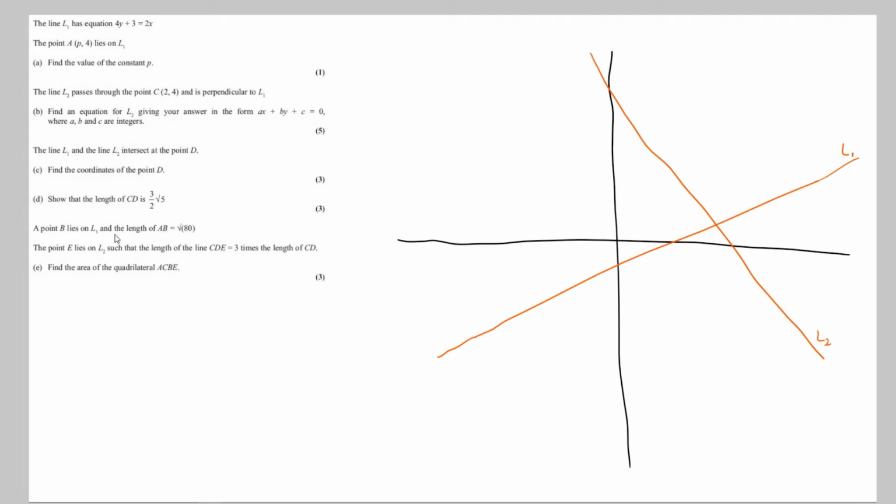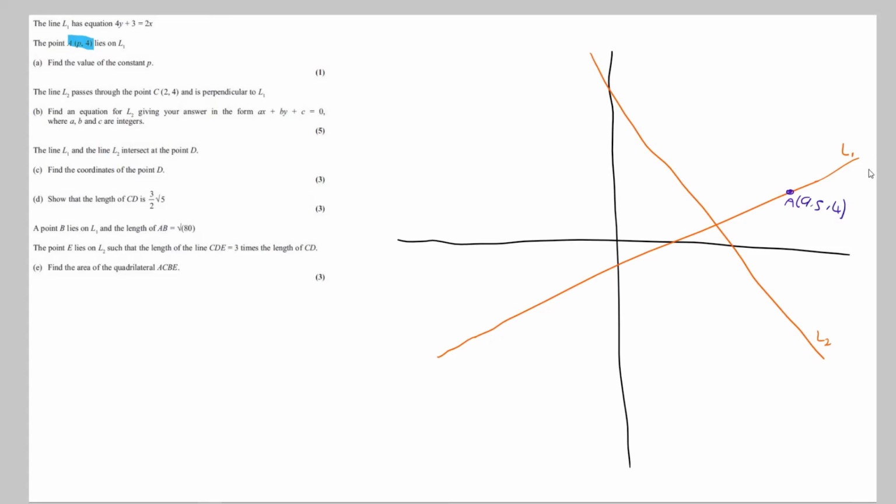So a point B lies on L1 and the length of AB is equal to root 80. So A we actually worked out in the very beginning up here, and we worked out that it was 9.5, 4. So it's somewhere here, let's say. A is 9.5, 4.